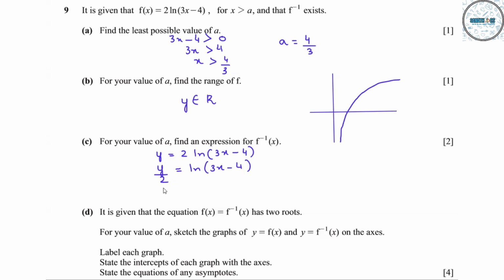The base of ln is e, so e power y upon 2 is equal to 3x minus 4. So we have to make x the subject, which will be x is equal to e power y upon 2 minus 4. When we go on that side, it will be plus 4. And this will be divided by 3.